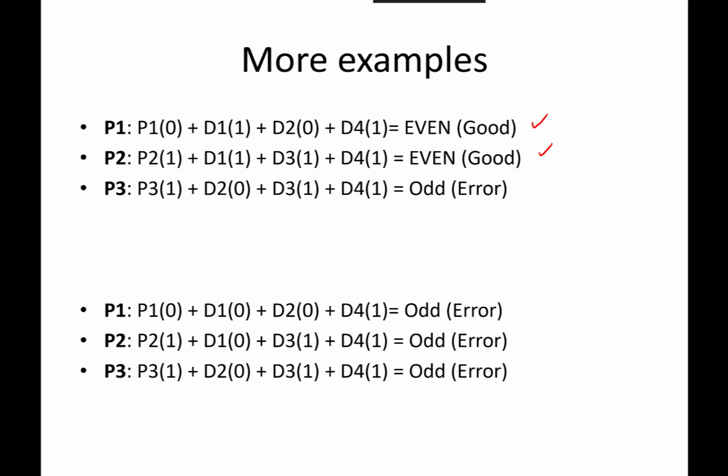This one was good, and an error there, so 100, and this one was bit 4 that was the one that was in error. And if we remember the last one, they were all in error. So 111, and if we look at that binary value, that's bit 7. And remember, bit 7, or D4, was the one that was in error for that one.